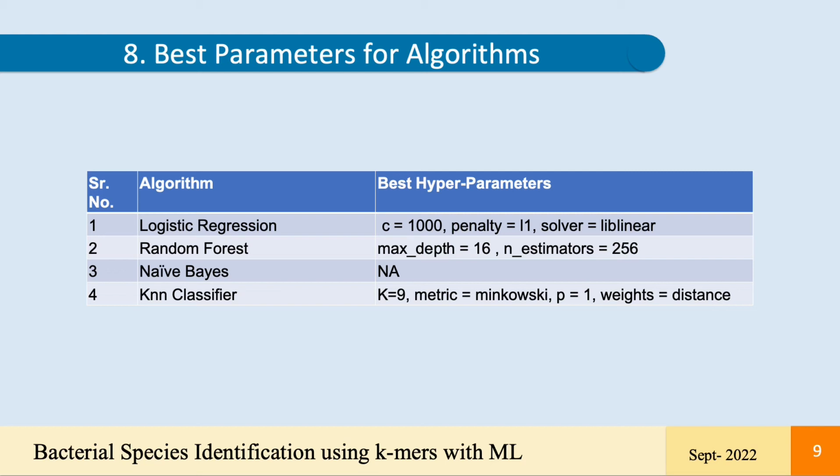But in the case of the naive Bayes classification algorithm, I didn't perform hyperparameter tuning because there is no hyperparameter in naive Bayes. For the KNN classifier, I got number of neighbors as 9, metric Minkowski, p-value 1, and weights as distance as the best parameters.